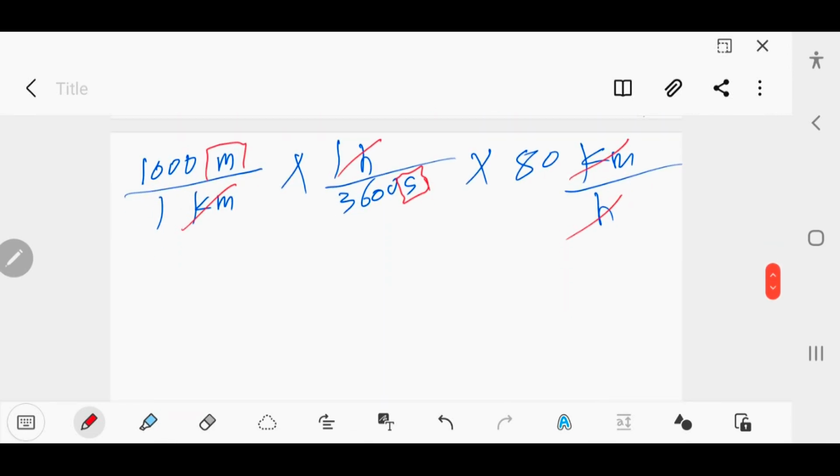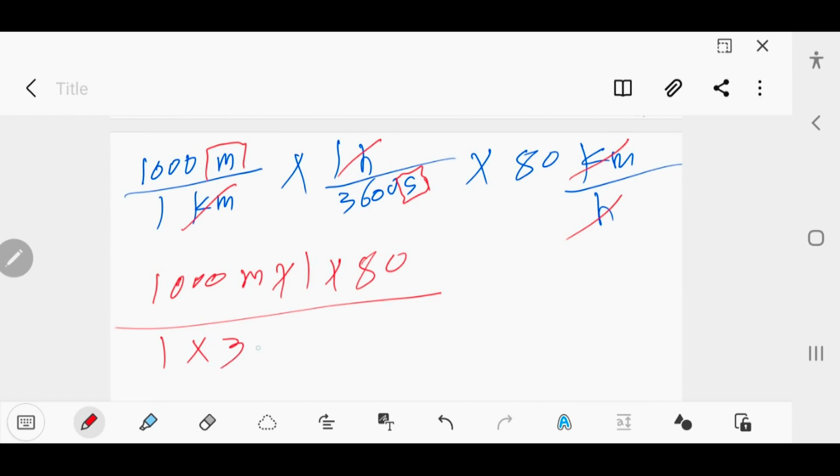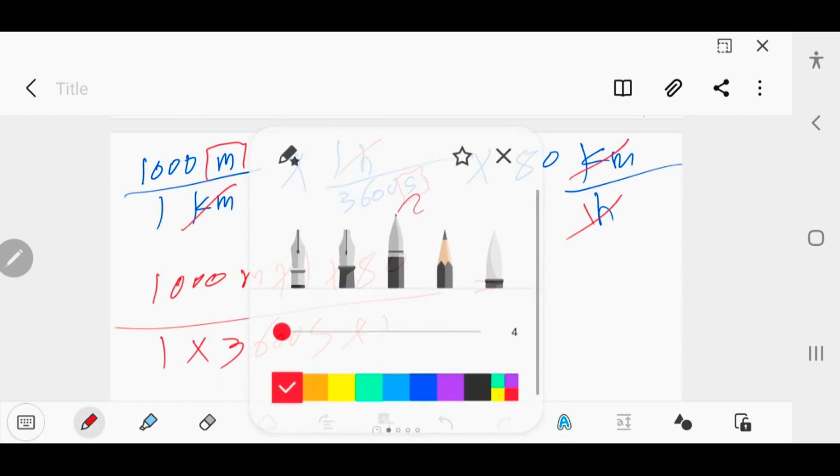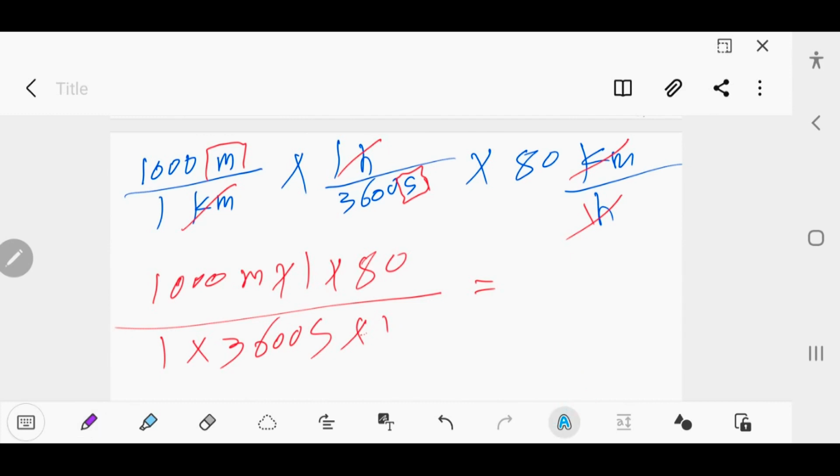So simply, just do the math here. 1000 meter times 1 times 80 over 1 times 3,600 second times 1. So we have meter per second, as you can see.